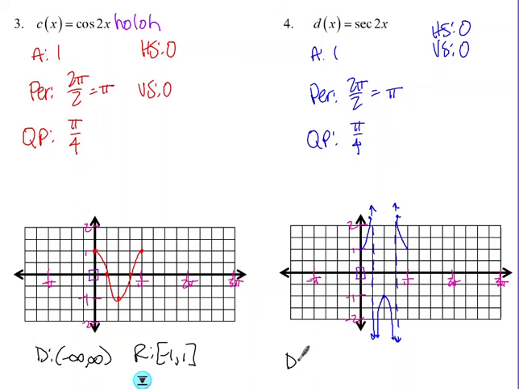The domain for this function is x such that x does not equal, pick the first asymptote, which is pi over 4, plus, and then you want to look and see what is the distance between the asymptotes, or what is half of the period. So in this case, pi over 2 times k, where k is an integer.